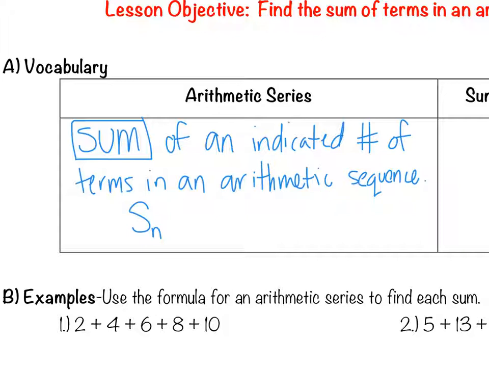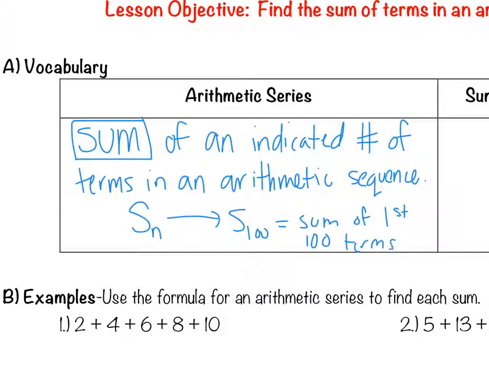In an arithmetic sequence, we used a sub n for our sequence, and for an arithmetic series, we're going to use S. S also means sum, just like sigma. So we can see it something like this: S of 100 means that you're going to find the sum of the first 100 terms.